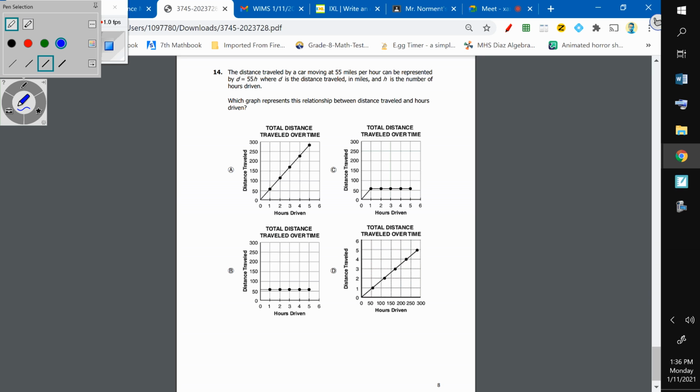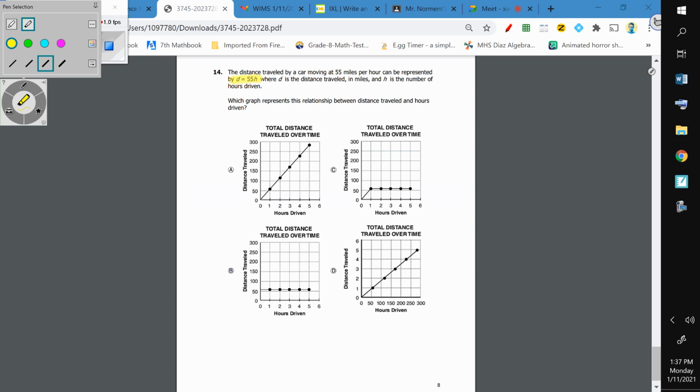The distance traveled by a car moving at 55 miles per hour can be represented by this equation. It's too dark. Where D is the distance traveled in miles and H is a number of hours driven. So which graph represents this relationship between distance traveled and hours driven?